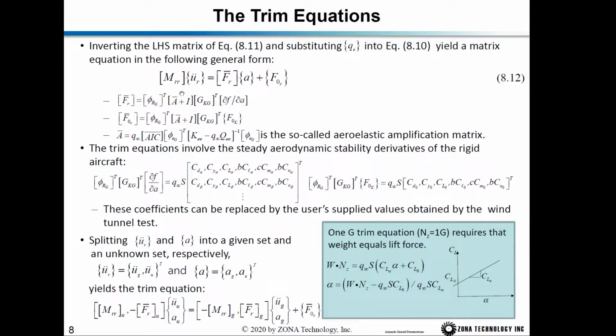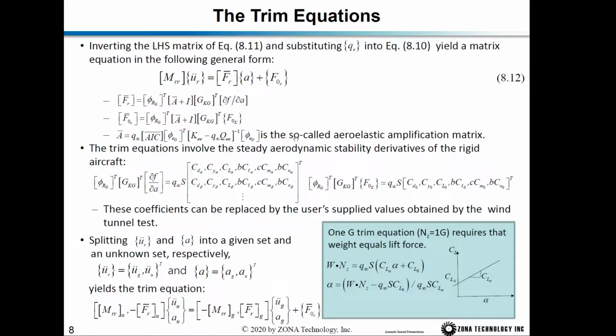And then after we substitute QE into this equation, we can write this equation in a general form. We call it MRR times the acceleration at CG equal to FR bar times the trim variables plus the mean flow forces, where FR bar is expressed here, and where A bar, this equation, can be calculated from the AIC and also from the inverse of this matrix.